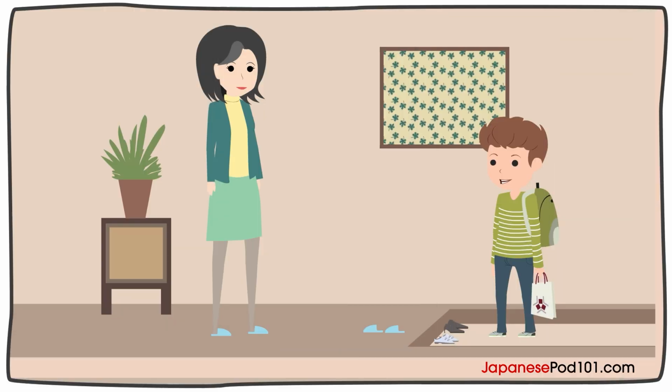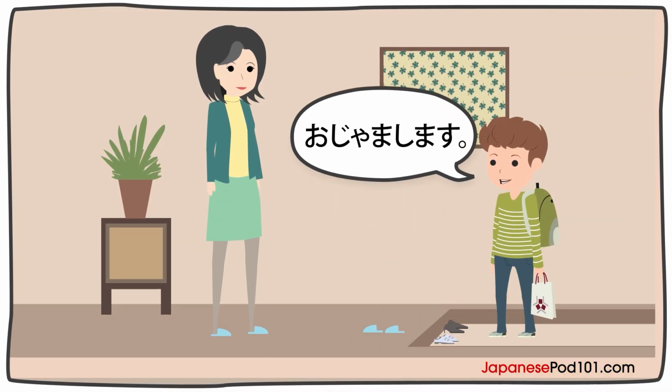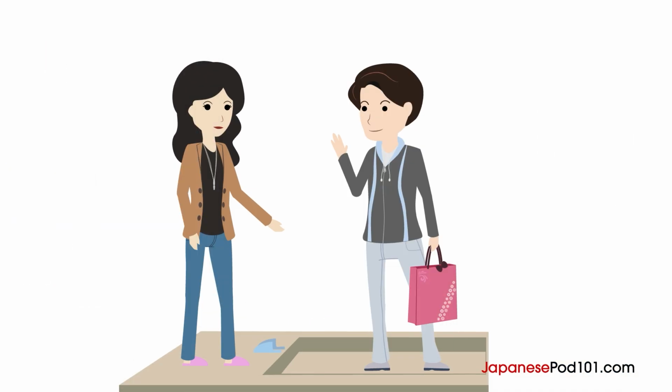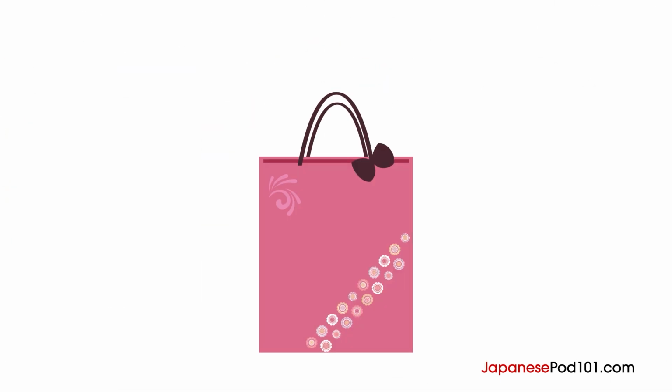When taking off shoes and putting on slippers, what did Ben say? お邪魔します。This is a common phrase used when entering someone's home. This is the polite version. If you want to say it more casually, like when you visit your very close friends, you can just say, お邪魔。Also, when you are invited to someone's house, you might want to bring a small gift.